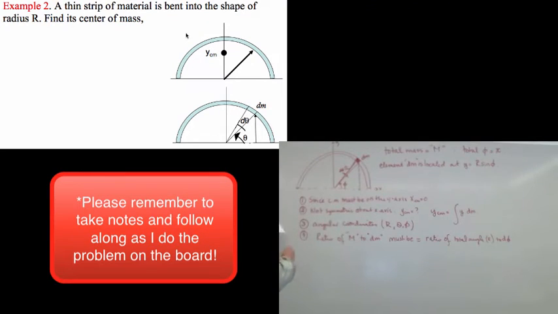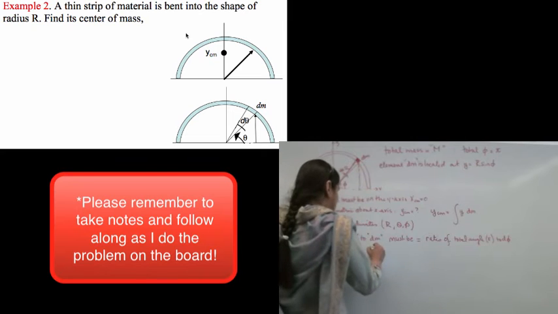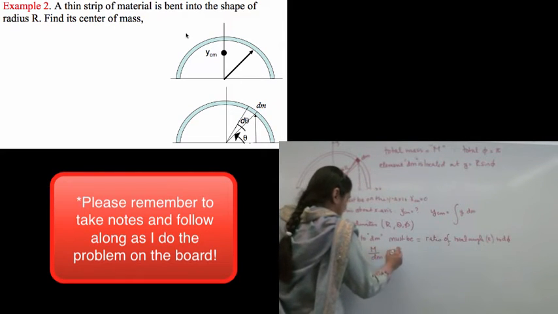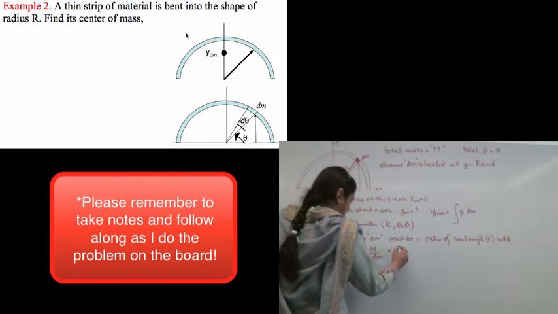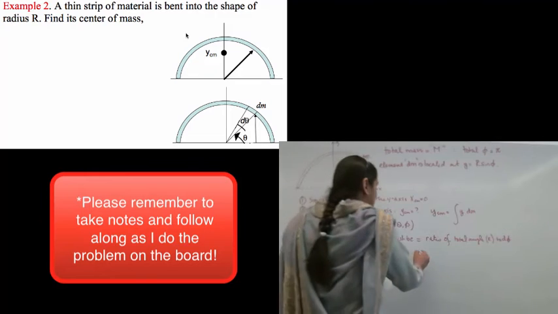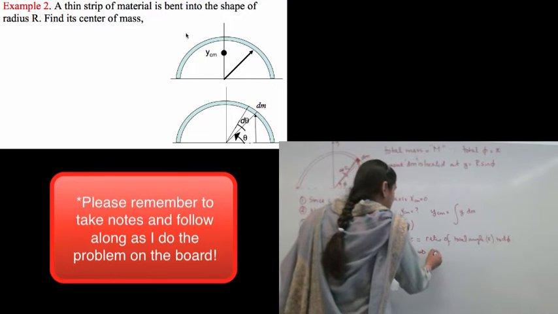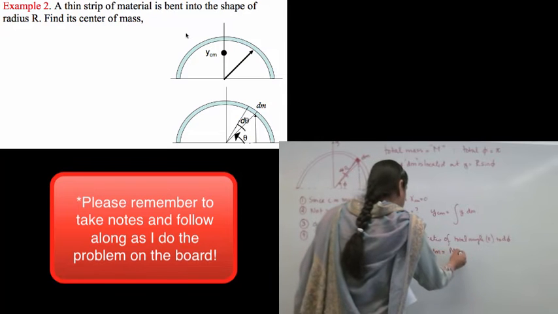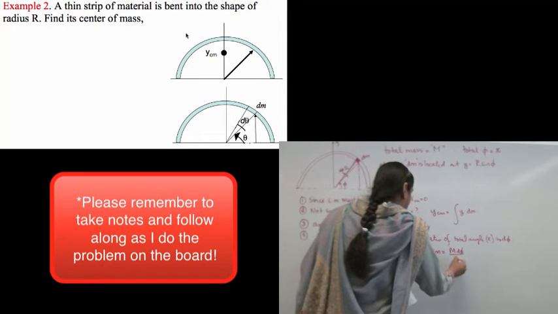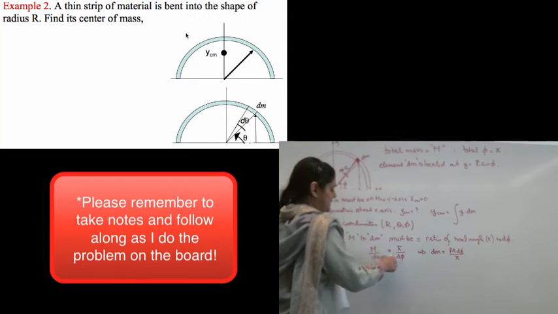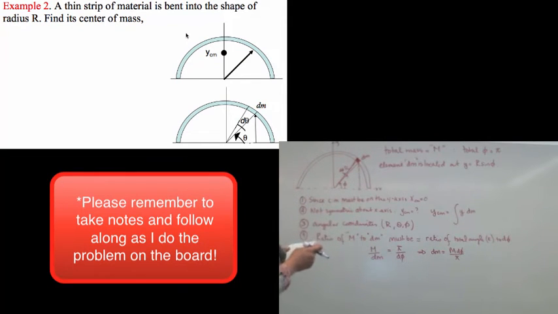So that means I can rewrite this as M over dm equals pi over d phi. So this expression I can rewrite as dm equals M d phi over pi. Right? Did I do that correctly? I moved this over here, that over there, and that should work, right?